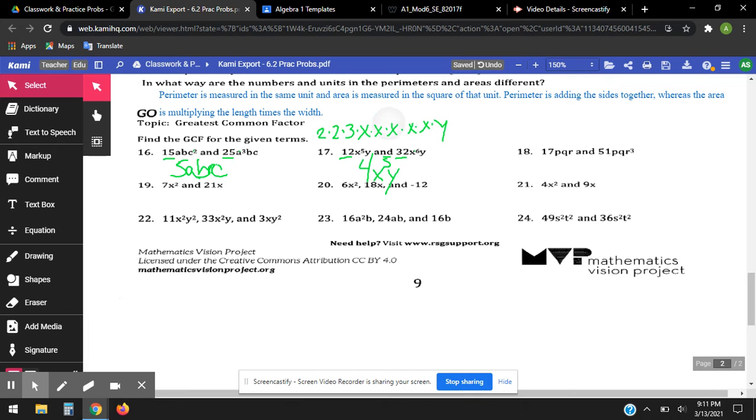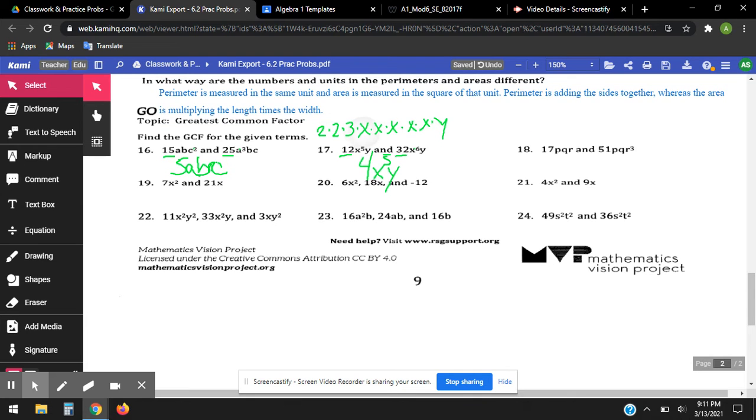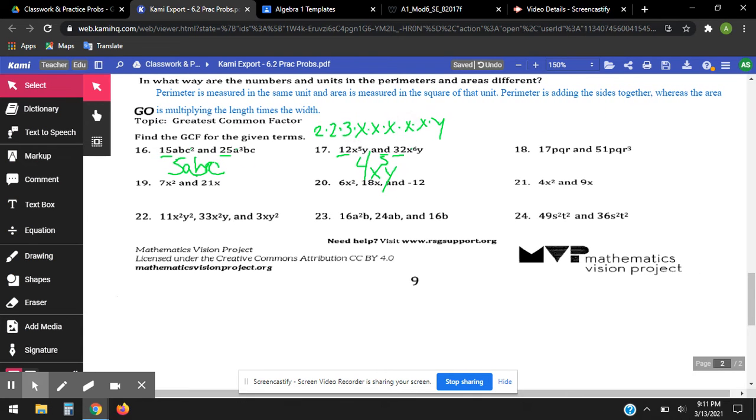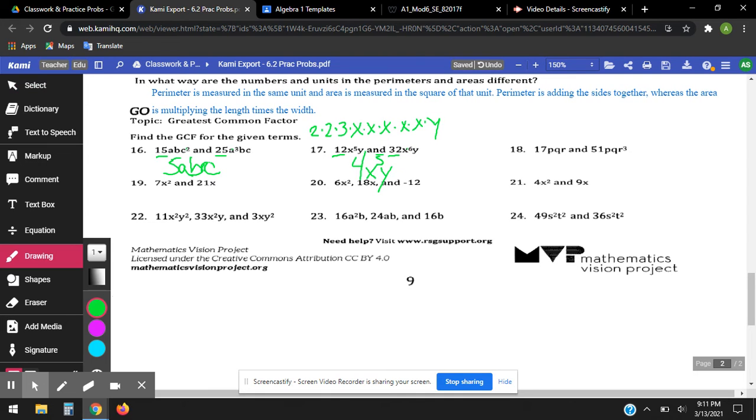All right. So this is the 12. The 32 then would be 2 times 2, which is 4, times 2 is 8, times 2 is 16, times 2 is 32. And then I'd have 6 x's and a y.